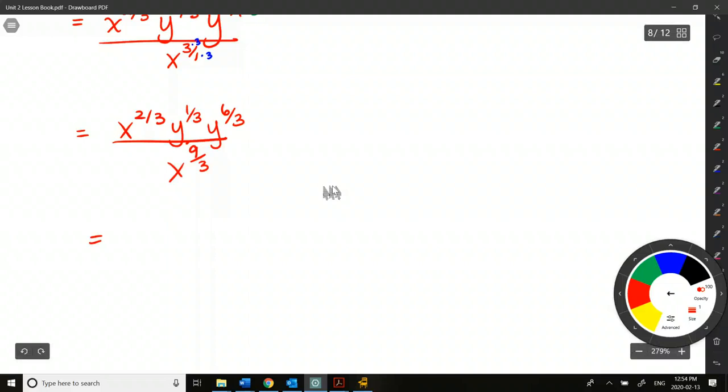Okay, the x's, just as you guys said, are going to have the exponents subtracted because they're being divided. What's going to happen with the y exponents? We add them because they're being multiplied up here.